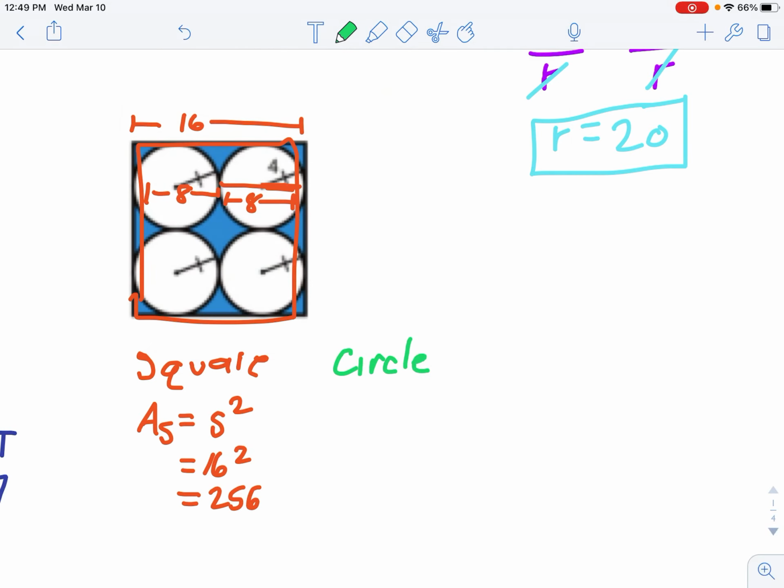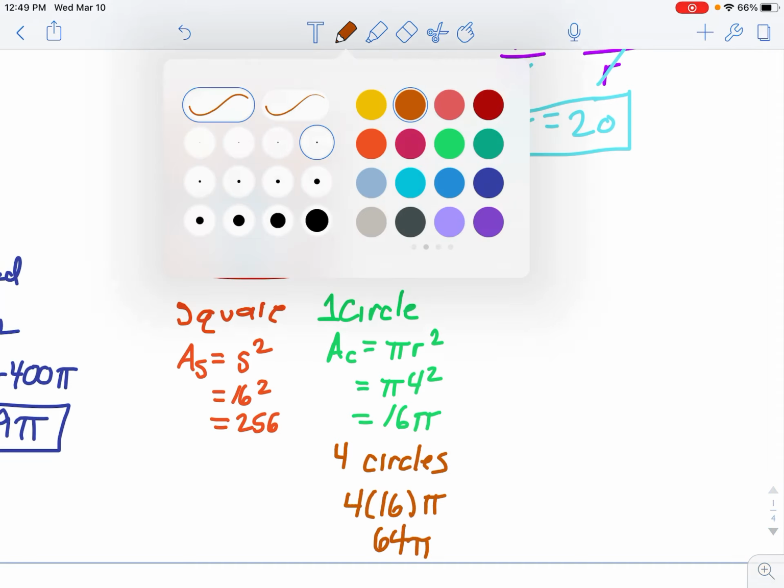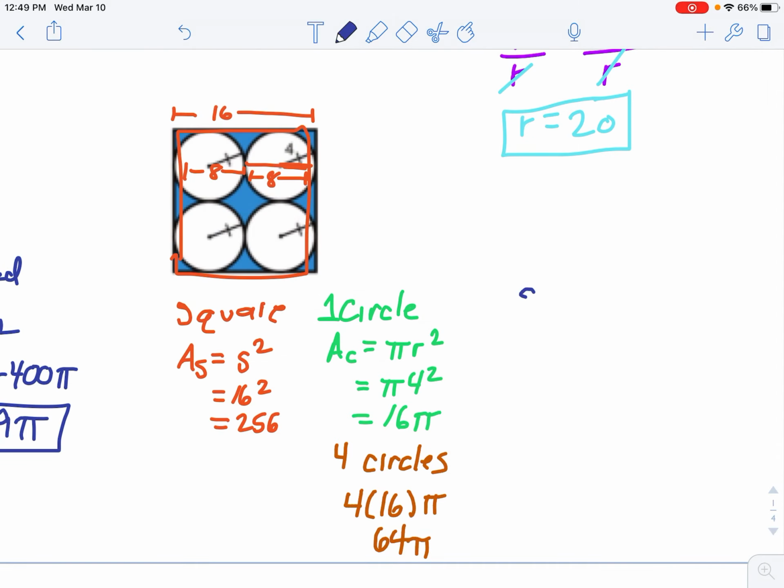The area of one single circle is pi r squared, which is going to be pi times 4 squared, 16 pi. So for the 4 circles, we add them all together or just multiply by 4, so it's going to be 4 times 16 pi, or 64 pi.